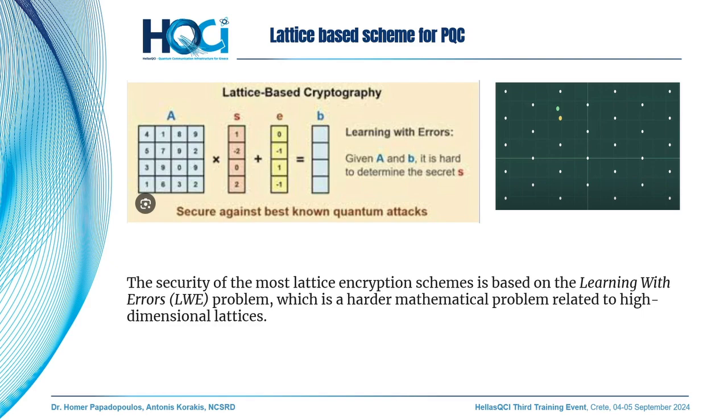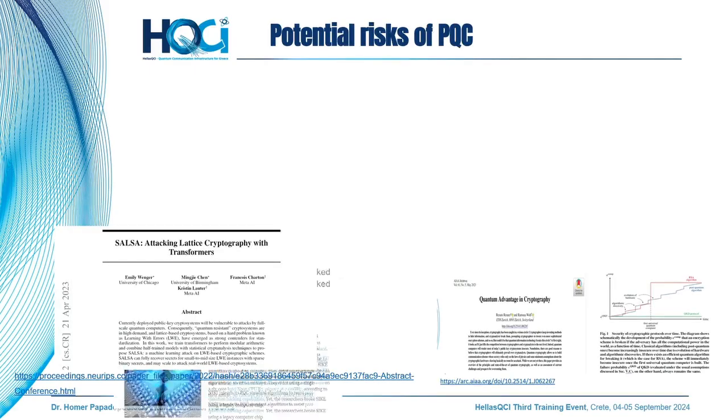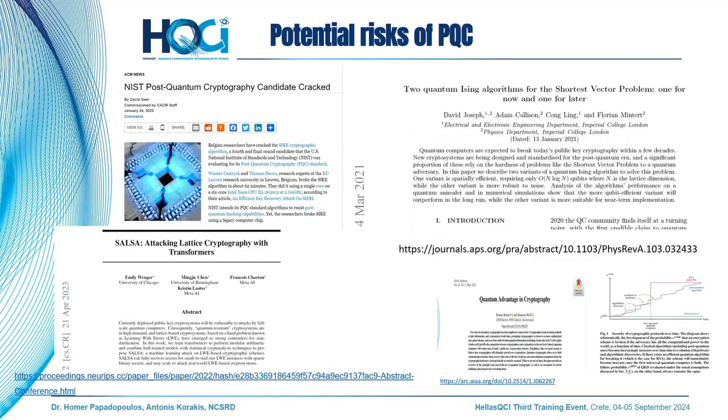The world is open for anyone who wants to try to break this algorithm. Of course, for PQC, I added here some recent publications that show that the research community is working on these algorithms to try to validate them. And we enjoyed this paper, which says SALSA, attacking lattice cryptography with transformers.